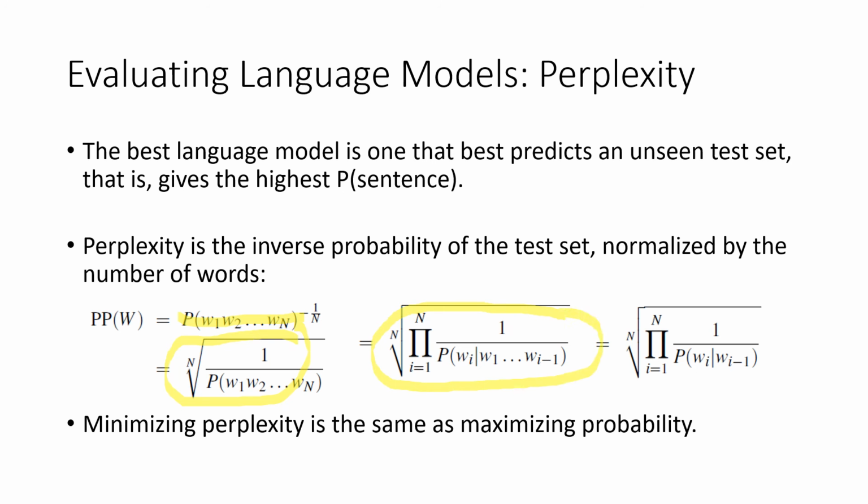So, as shown here, if we are computing the perplexity of W with a bigram language model, we get this equation. It can be concluded that the higher the conditional probability of the word sequence, the lower the perplexity. Thus, minimizing perplexity is equivalent to maximizing the test set probability according to the language model.